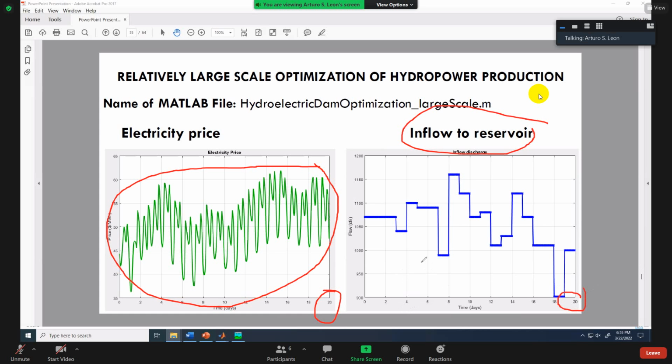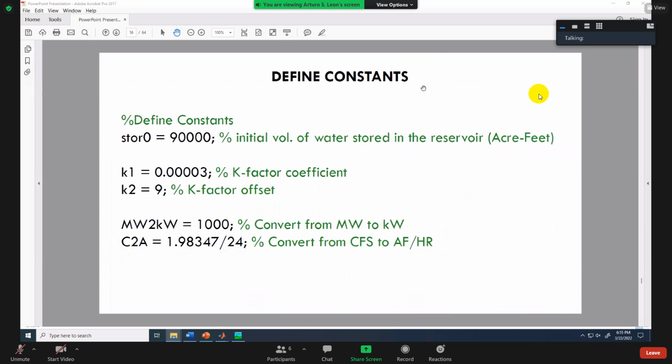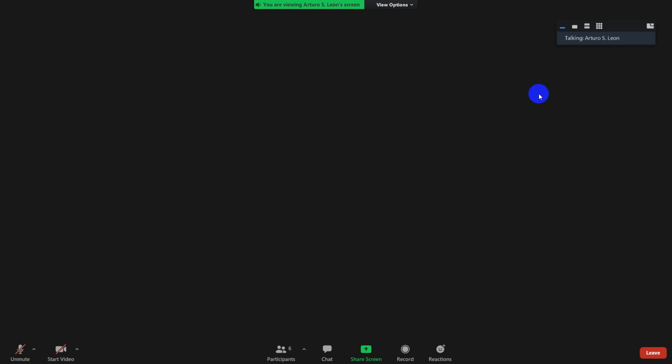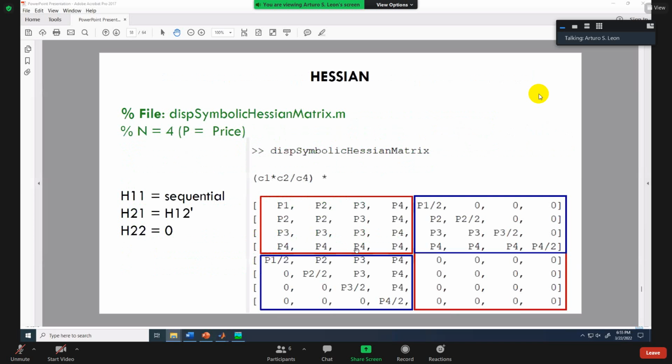It could be every hour, but sometimes it's constant, it's changing, but it's for 20 days. Okay, and this is the constraints, the storage, coefficients, the conversion factors, and so on.